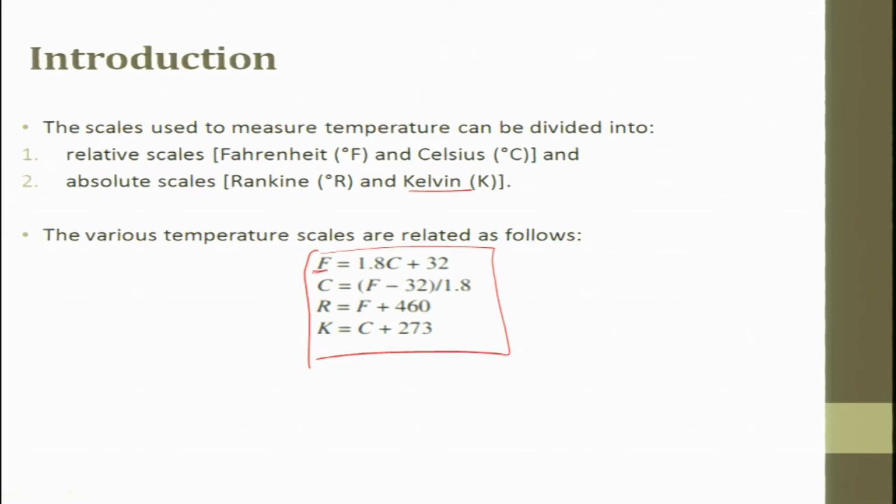Suppose if I know Fahrenheit, I can now convert it into Rankine. Then Kelvin is C plus 272. So, if I know Celsius, I can try to figure out Fahrenheit. From Fahrenheit I can cross correlate with that of Rankine. So, you can see this relationship is very important, which is used to change the scales from one type to the other type.